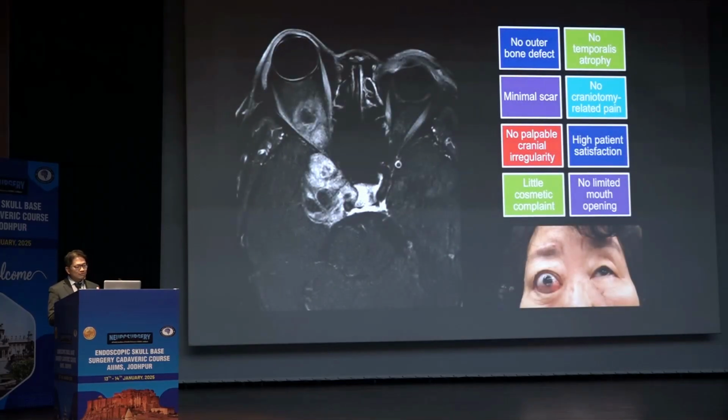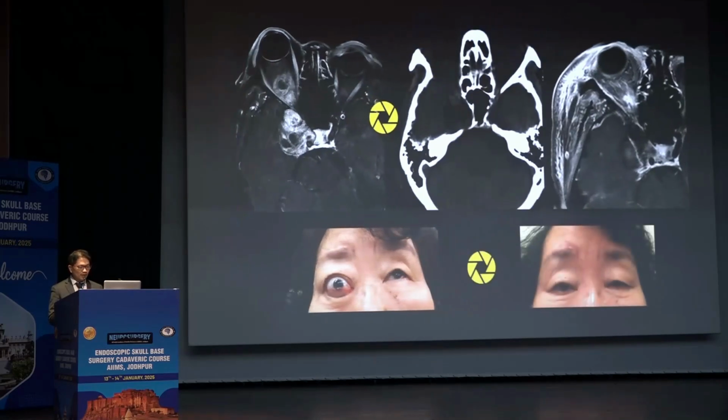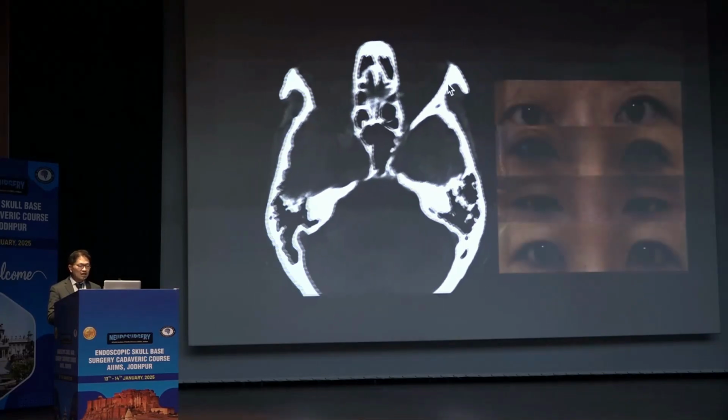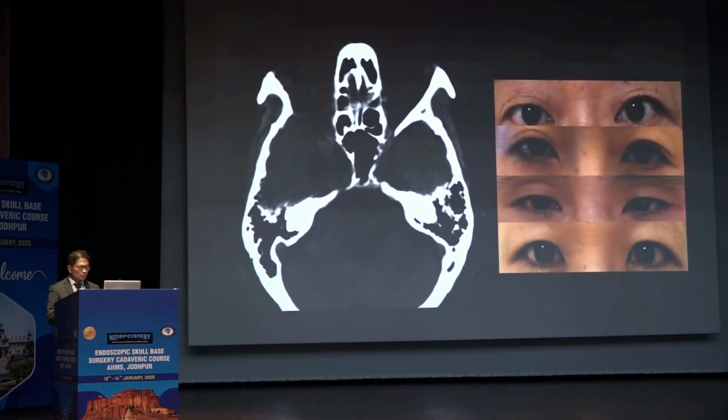And for transorbital surgeries, sometimes there are V1 origin tumors: the ophthalmic division of the trigeminal nerve can develop a schwannoma mass extruding into the orbit. Even after removal of the tumor by transorbital surgery, you can see only a defect inside the orbit area. The outer bone is no problem.